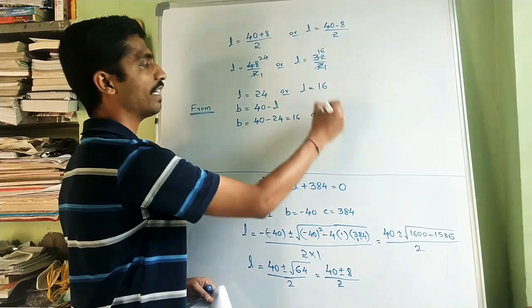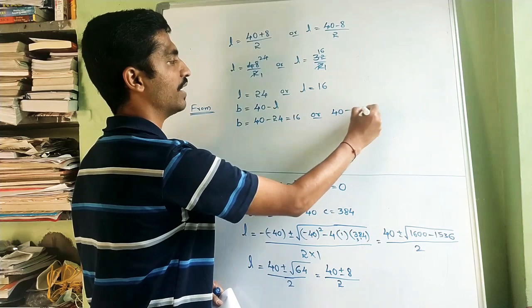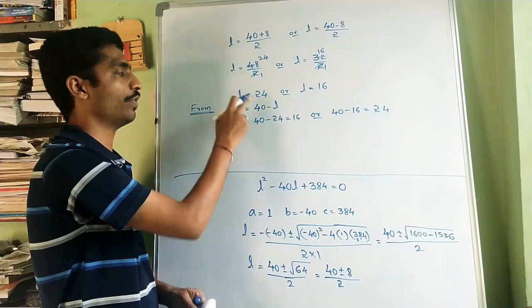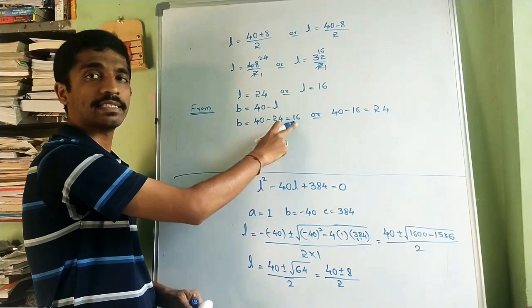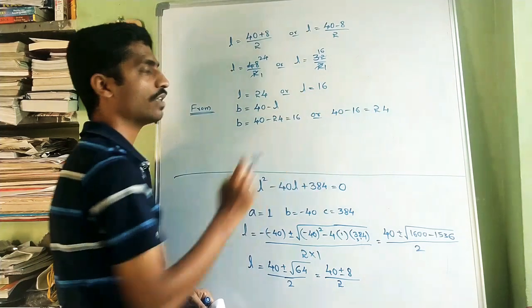Or if I take L equal to 16, that becomes 40 minus 16 equal to 24. See, if you take L as 24, you will get here B as 16. If you take L as 16, we will get the B as 24.